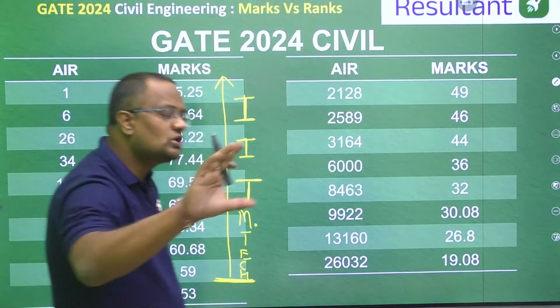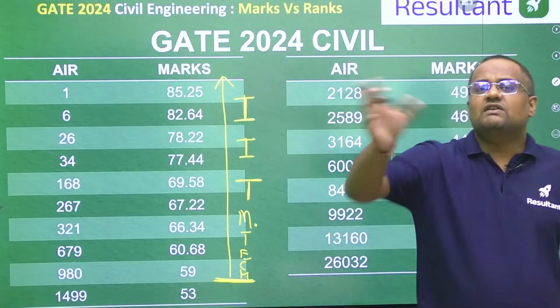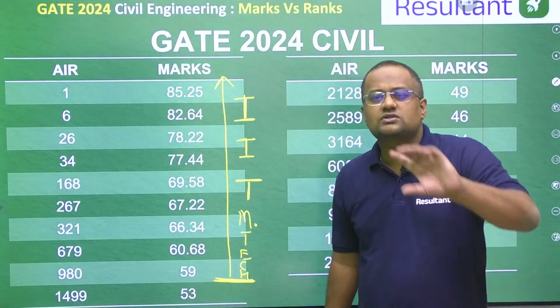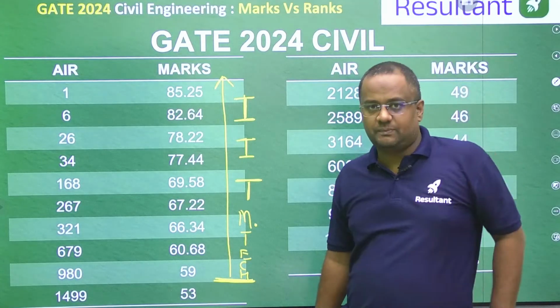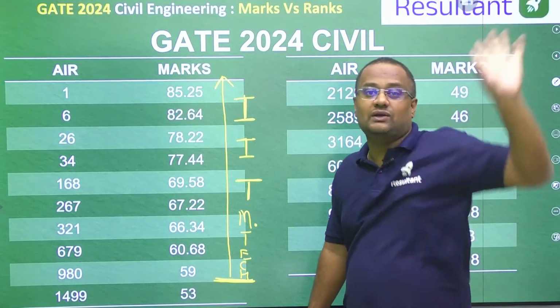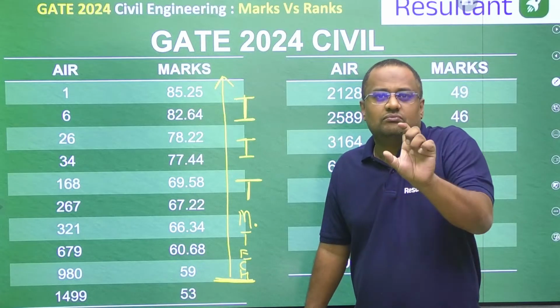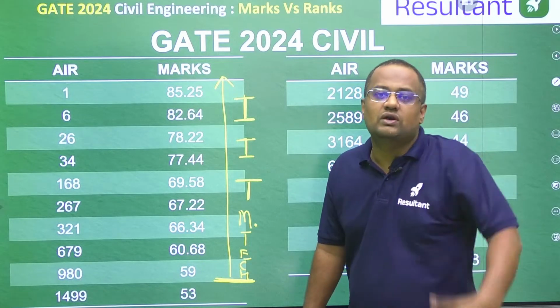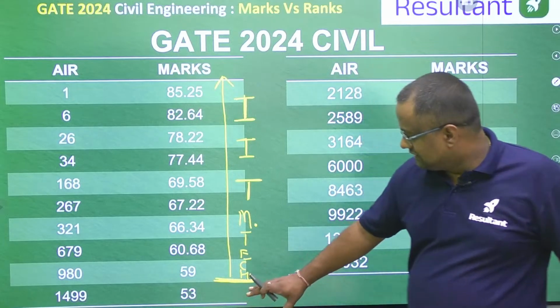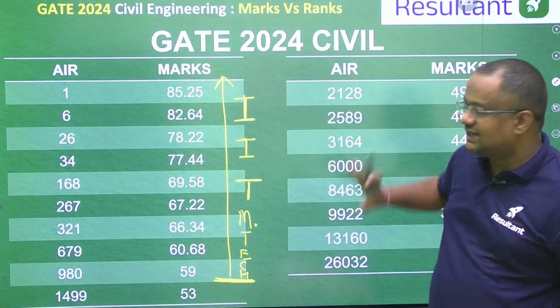For the last 2 years, 2023-24, even with 55 marks you are getting a good rank because of a little increase in the toughness of the paper as compared to 2019, 20, 21. The last 2 year papers were comparatively difficult and 2023 was even more difficult. So even with more than 53 marks you will be getting an IIT MTech.